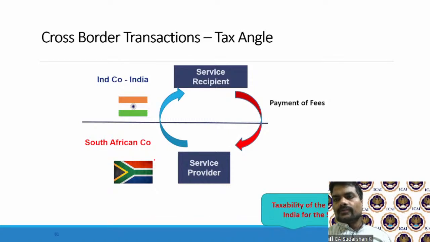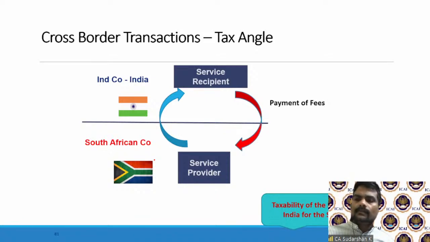So the South African company provides service to India, for which the Indian company makes payment towards the fees for the services provided by the South African company. Now, what is the taxability of income in India for the South African company?